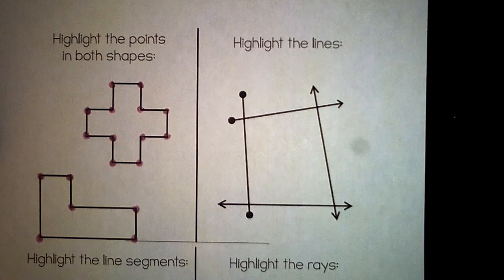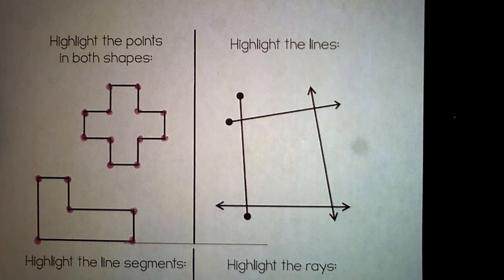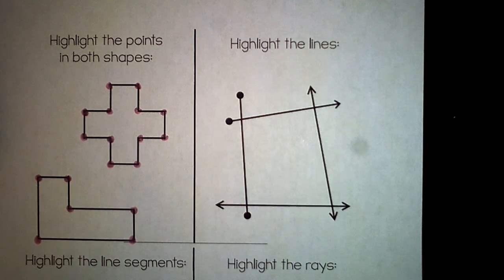Highlight the lines. Well, not all of these are lines, so we need to be careful. So a line is a straight path of points that go on and on forever in opposite directions. So we're looking for two arrows on either end.